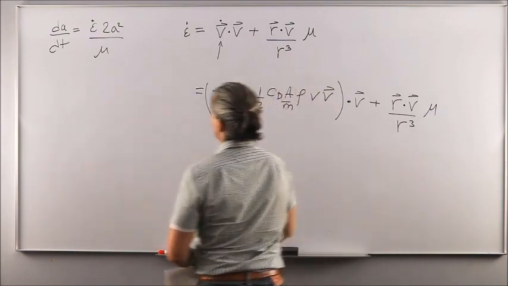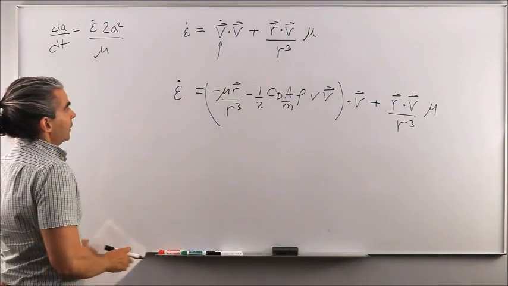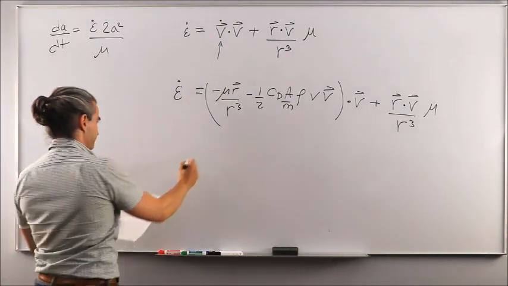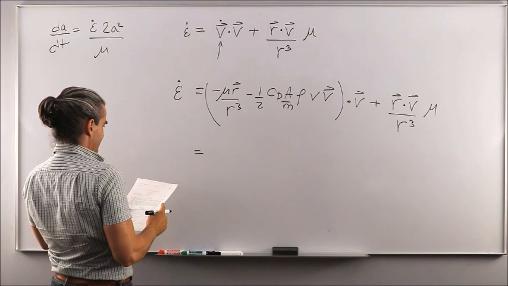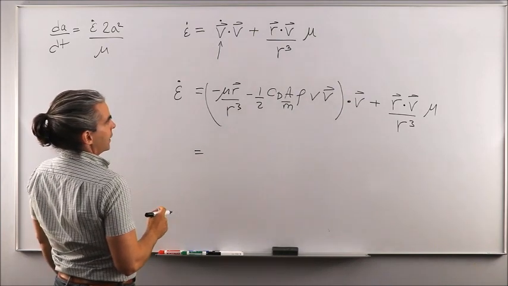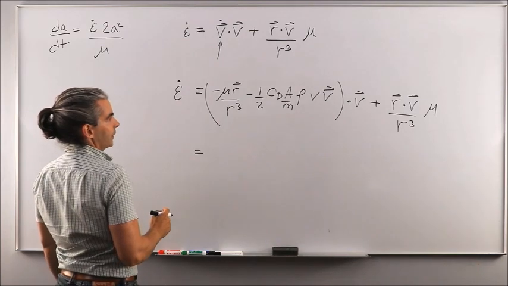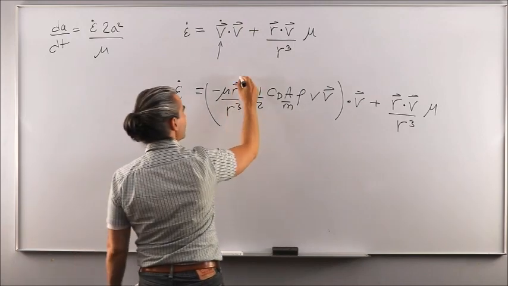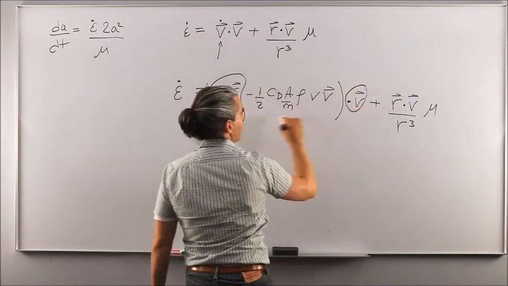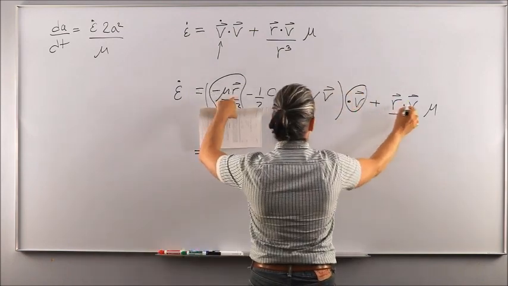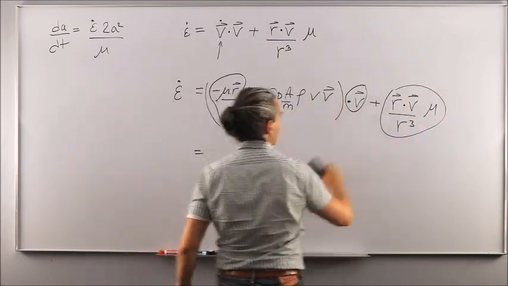So all this is just for the rate of change in orbital energy. Yeah, that works out. So here, look at what we have. We have minus mu r vector over r cubed dot product v plus r vector dot product v over r cubed times mu. So these two terms actually cancel out, okay?